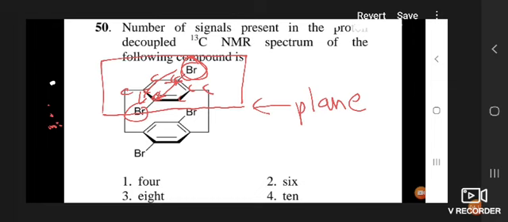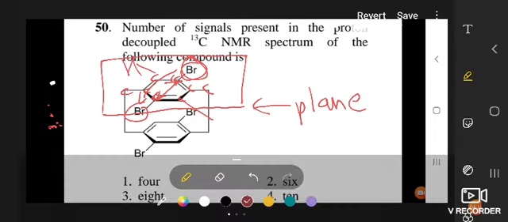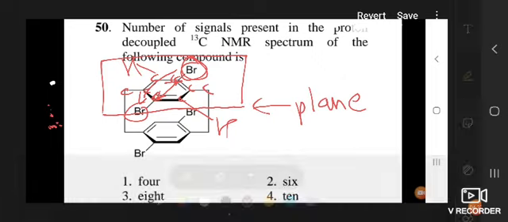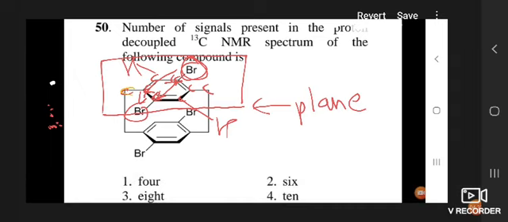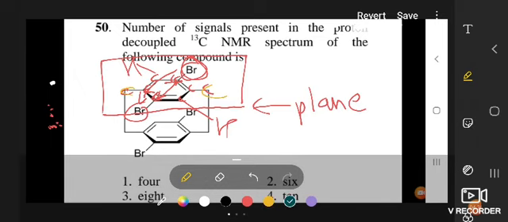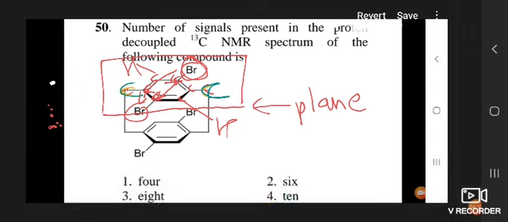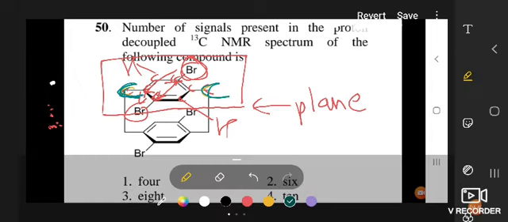Similarly, you can see that this carbon which has a hydrogen has an opposite carbon which also has a hydrogen. That means there is a center of symmetry between the carbons bearing bromine, between the carbons bearing hydrogens, and between the carbons which bear another carbon, shown by this green colored carbon.